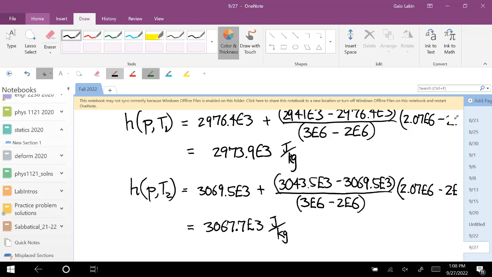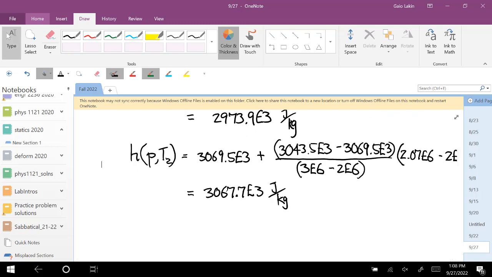And now the last step is we'll use those two values we just calculated to interpolate over the temperature.